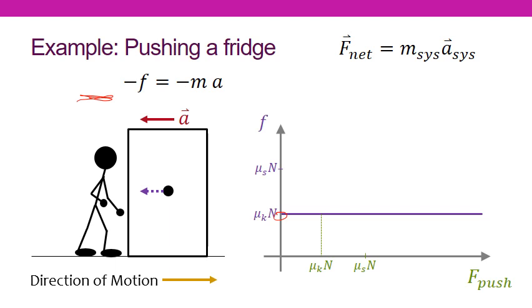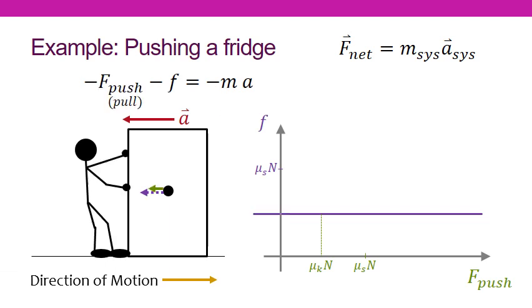So my frictional force will exert a much larger acceleration, but it is still kinetic, and so it is still equal to the kinetic coefficient of friction times the normal force. Of course, it is in the direction opposite the direction of motion. It is larger than it was before when I was pushing on it. And so my fridge is going to continue to slow down, but it may still have velocity. It may still be moving in the forward direction.